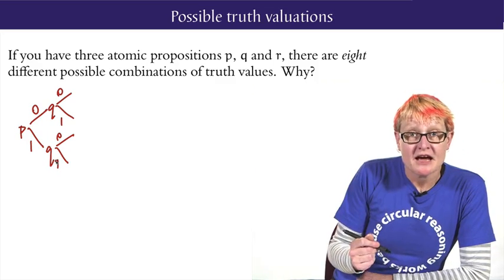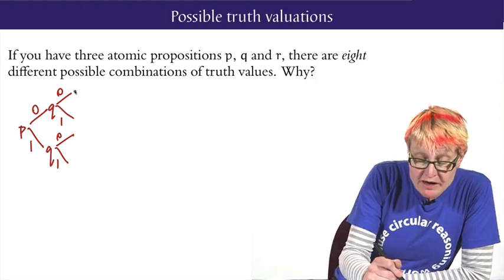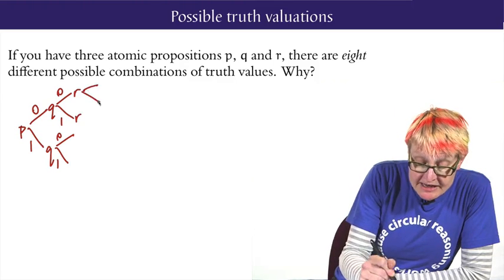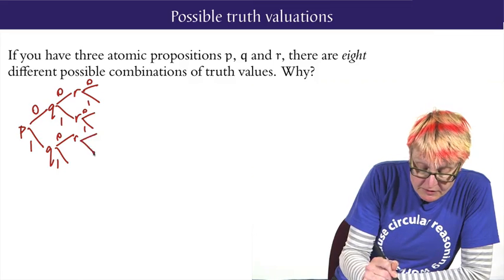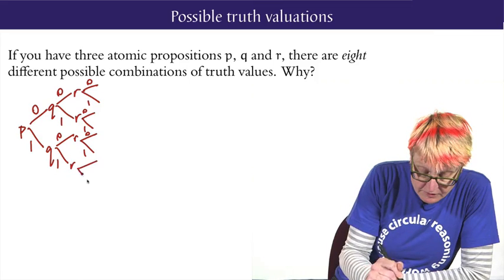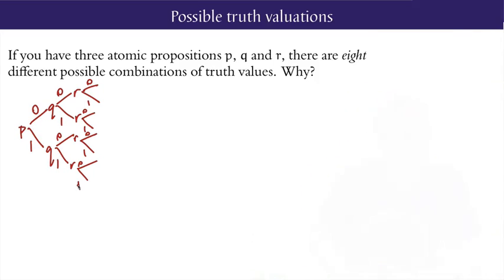That gives a total of 4 combinations for 2 atomic propositions. And then when we add the third, it can be 0 or 1, to give a total of 8 combinations of truth values.